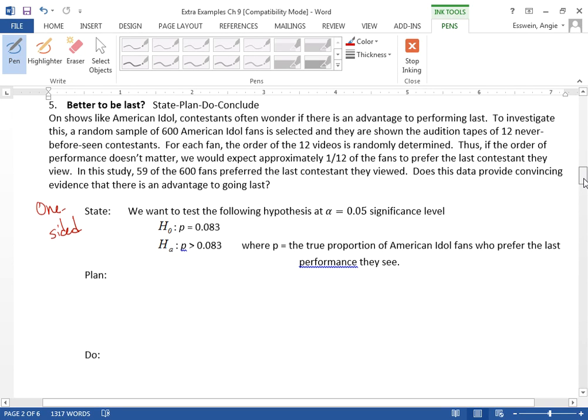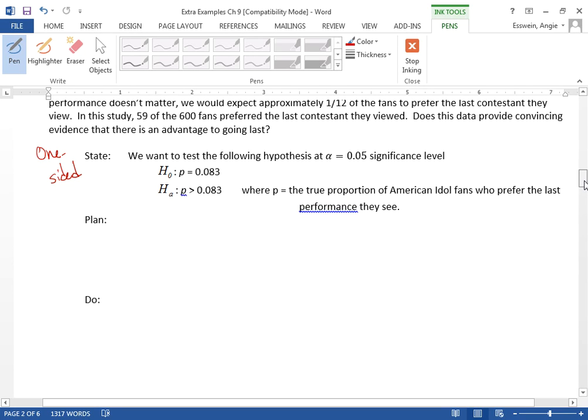The plan, we're going to just start talking about the plan rather than writing it out every time, especially the random and independent conditions. Is the random condition met? Yes. Is the independent condition met? We're assuming there's at least 6,000 fans.